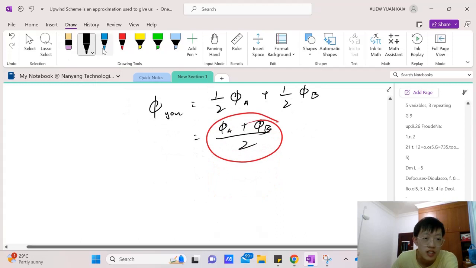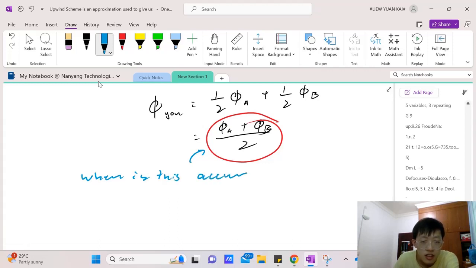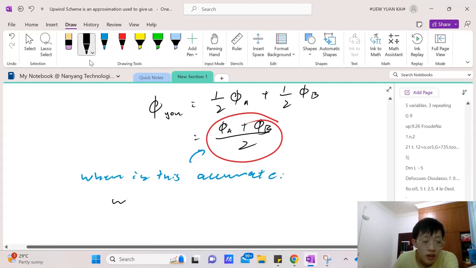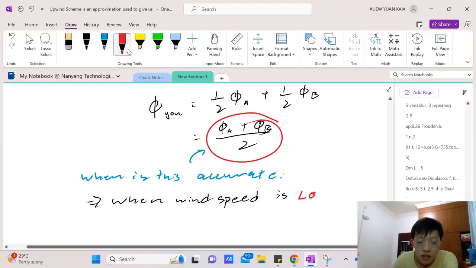So let me put down the question: when is this accurate? And the answer is when wind speed is low.